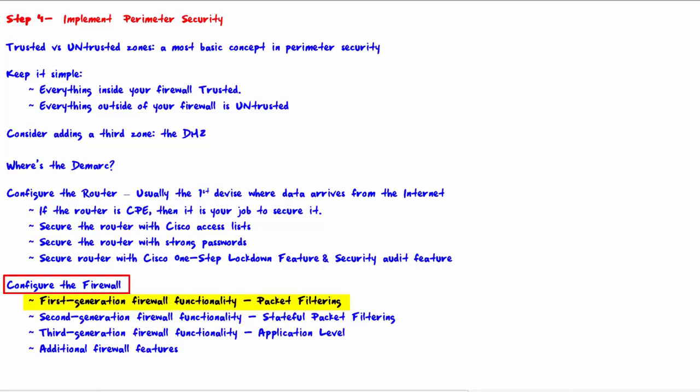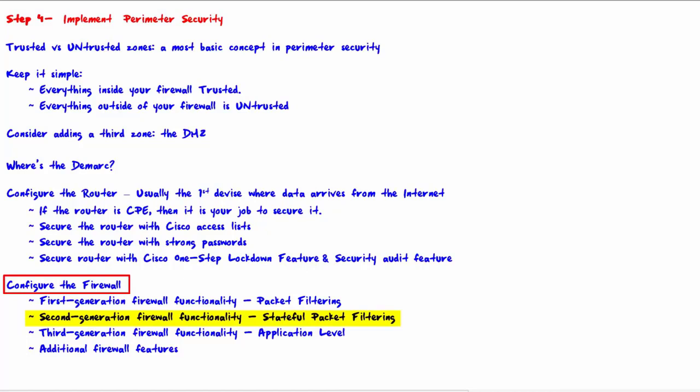Packet filtering occurs at layers 1, 2, and 3 of the OSI reference model. Second generation firewall functionality, stateful packet filtering. Second generation stateful packet filtering occurs at layers 1, 2, 3, and 4 of the OSI reference model.